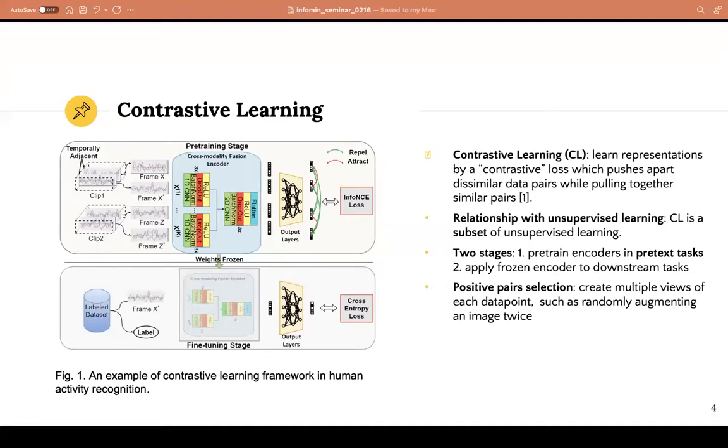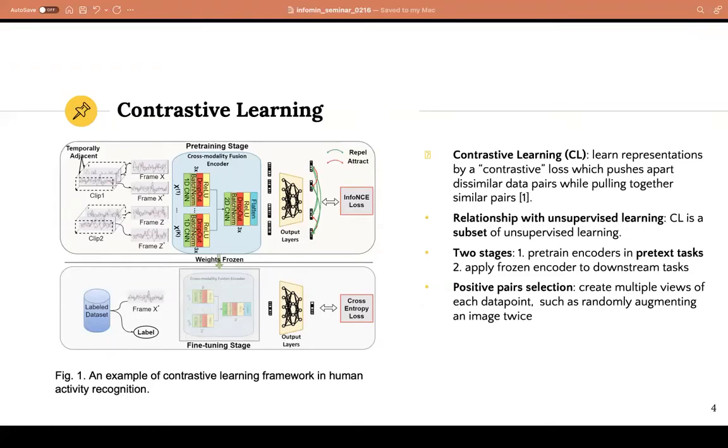And from each clip, we sampled two frames. It's like multiple-channel sensory data for each frame. So we get four frames, X, X star, Z, Z star. But X and X star are coming from the same clip. They are temporally adjacent, so in some sense they are related. They are correlated.